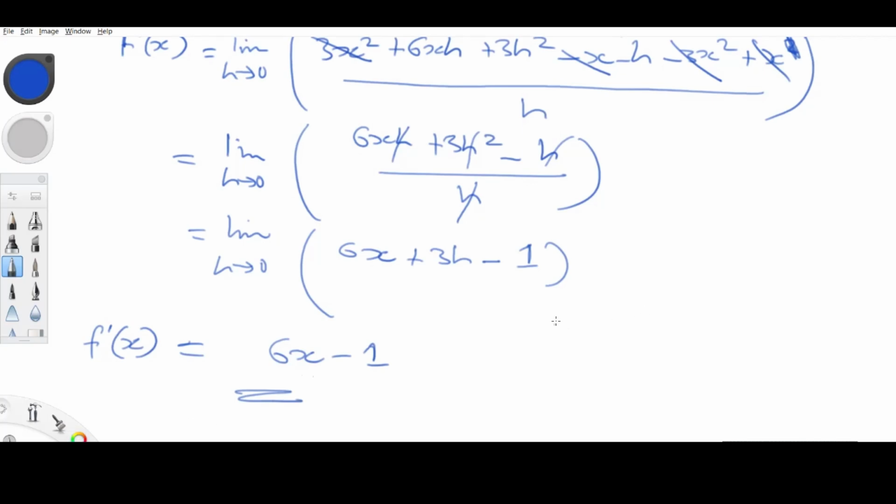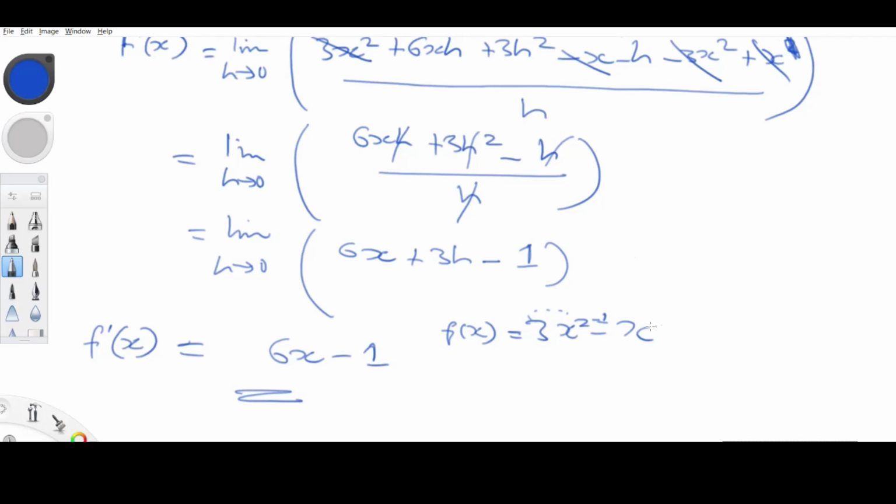Now, to prove that that's correct, we can use the general method. So remember, our original function is equal to 3x squared minus x. Usually, to find the derivative of a term, we multiply the term by the exponent, and then we decrease that exponent by 1.